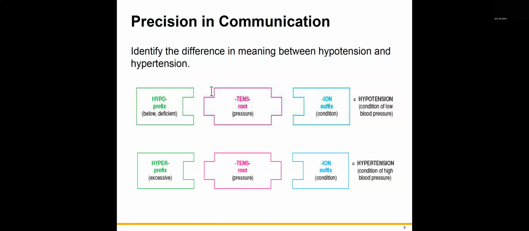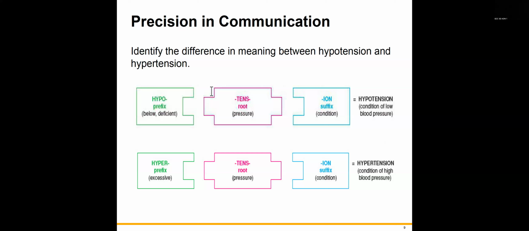Two terminologies that are slightly different when they're written, but can mean completely different things. The suffix and the root are the same. What changes between these terminologies is the prefix. So looking here, you have hypotension referring to low blood pressure versus hypertension referring to high blood pressure.